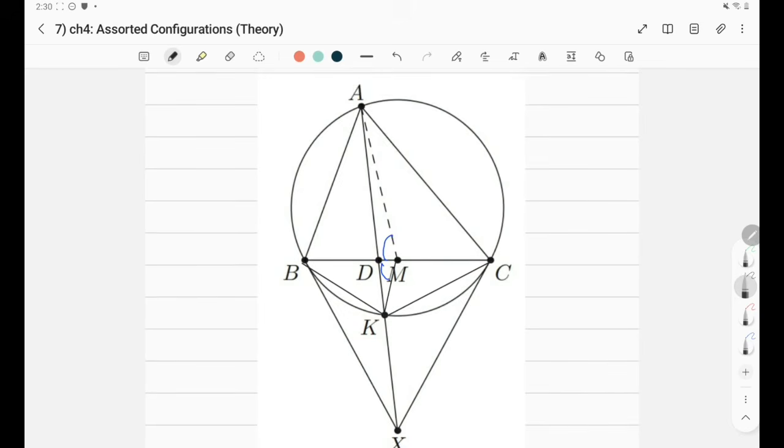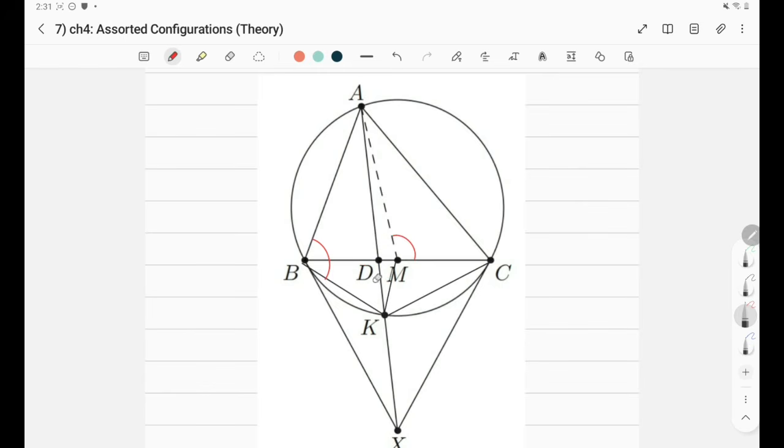How can we show that? Angle AMB equals angle BMK. Okay, what do we want to do here? We want to do something very nice. Remember the previous stuff that we got, we had some similar triangles. We had actually this angle here equal to this angle here. So probably instead of working with these, we should just work with their supplementary, right?